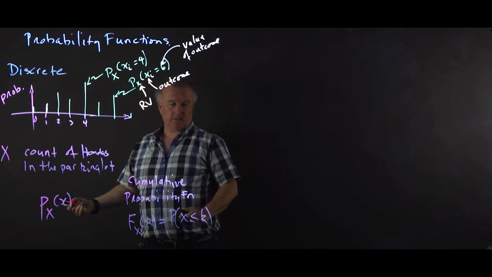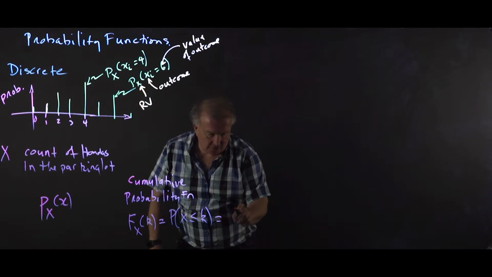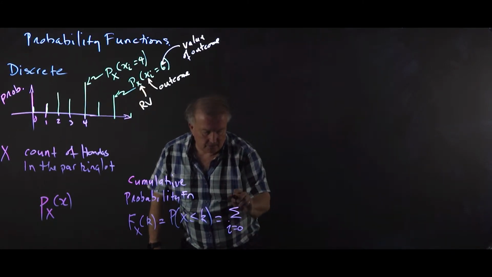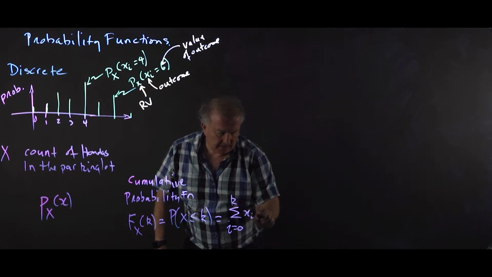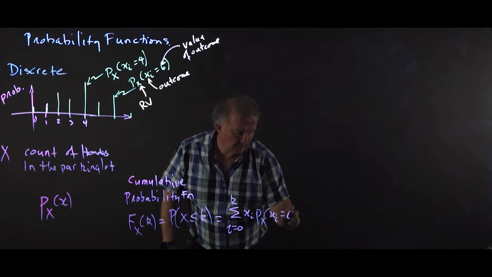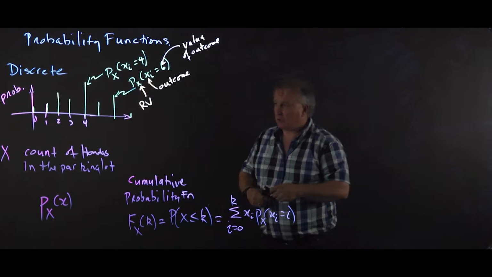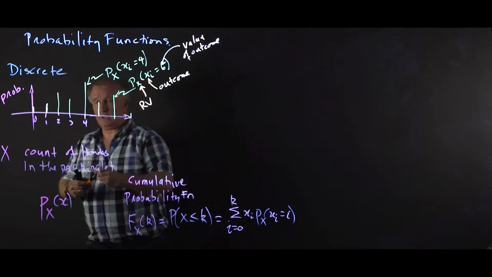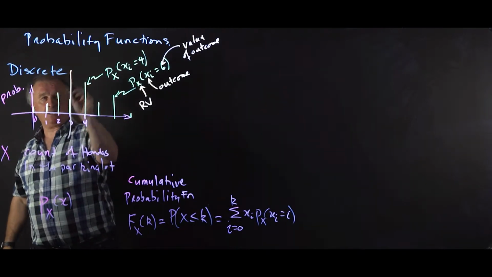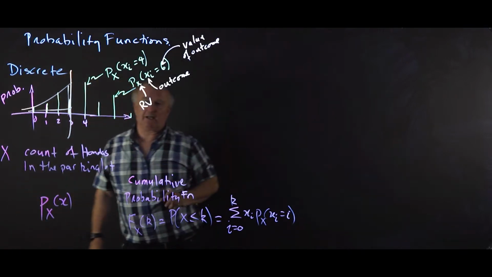And how do I get that? Well, what I do is I take that function and I just add up for all the values up to k, in this particular case. Okay? So the idea of a cumulative probability function is that we are talking about the cumulative probability of being less than a certain value. And so what we do is we start to add up those values progressively.